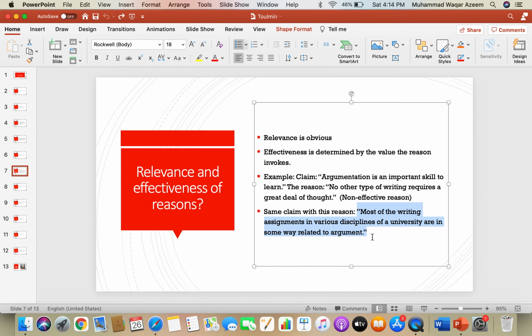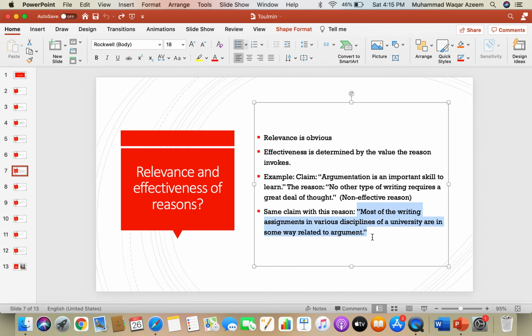Students are required to use argumentation in those assignments. So if they know how to write arguments, they will be able to attempt those assignments, and thereby they will be able to pass their courses with good grades. So that is the value which is being added to people's lives, or to the lives of the students, or to the lives of the writer.